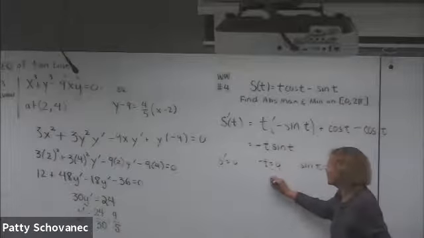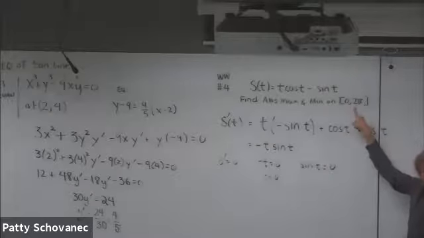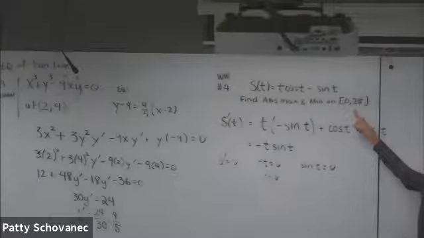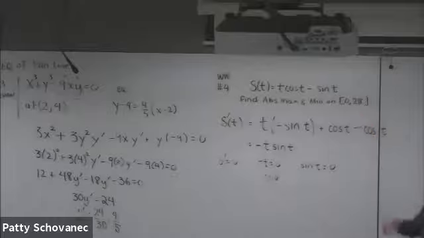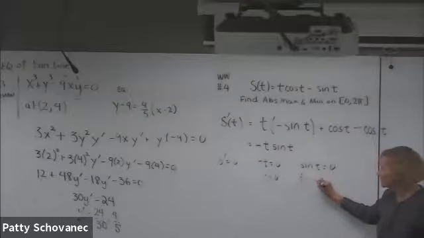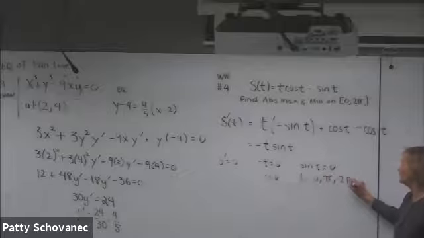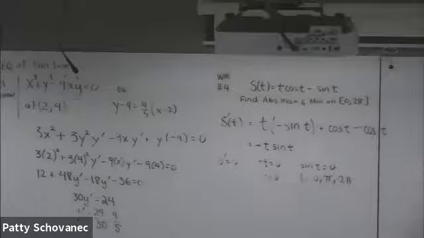This gives us t is 0. In one period of the sine function, what are all the zeros? 0, pi, and 2 pi itself. So the only one contributing to our evaluation is the pi.